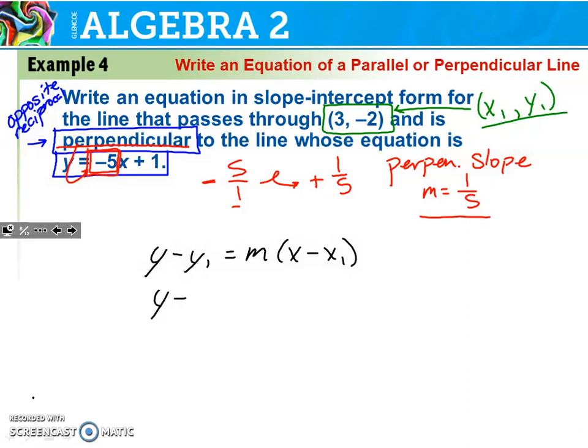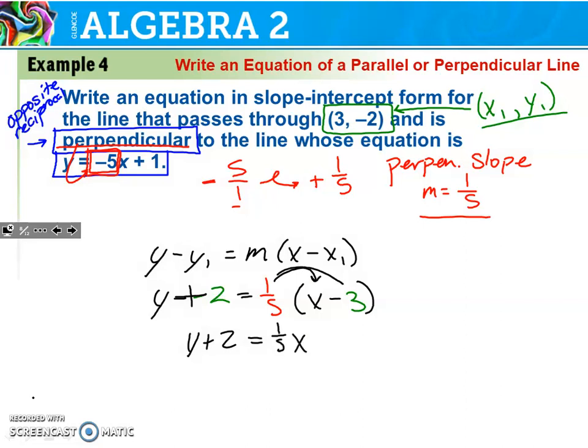Y minus my y1, which is negative 2, equals my slope, which is 1/5, times x minus my x sub 1, which is 3. I'm just going to simplify two negatives to make a positive. Y plus 2 equals 1/5 times (x minus 3). 1/5 times negative 3 gives me a negative 3/5.